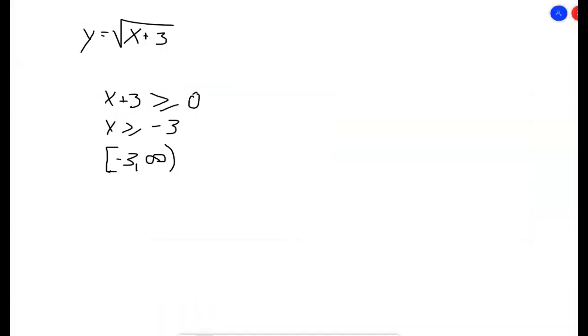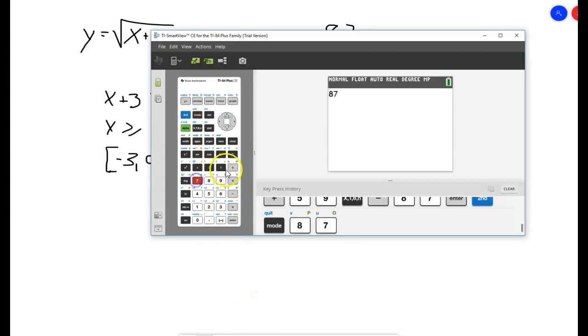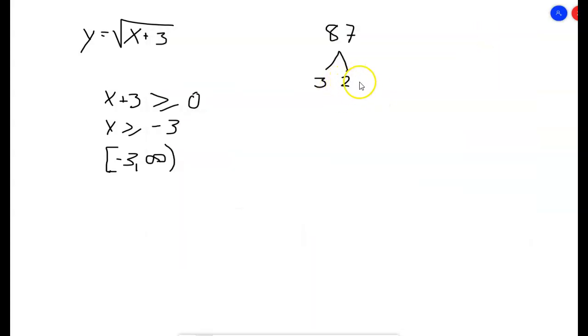So doing that, I go to 87, and since the digits add up to 15, I know that we can factor a 3 out of there. So 87 divided by 3 is 29, and 29 is a prime number, so that's it right there.